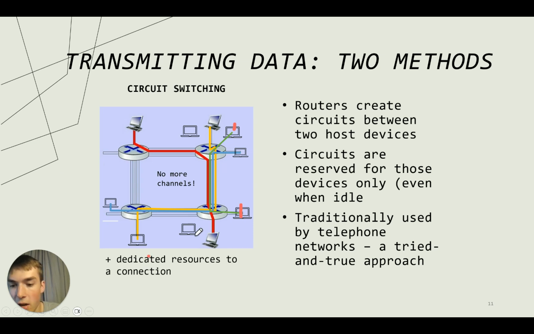And so if you want to establish a connection between, for instance, these two computers, you're out of luck. And so this is the downside of circuit switching. The channels can be exhausted, and then whoever didn't get there first is unable to use the internet. And so this was decided to not be the optimal approach in most situations by networking engineers.